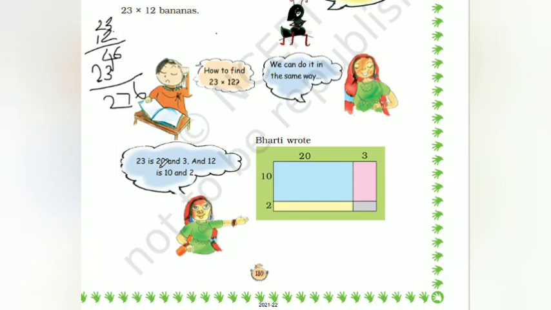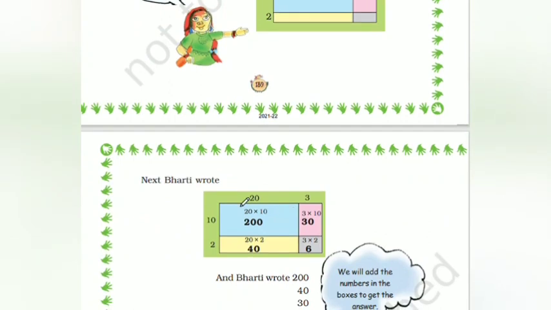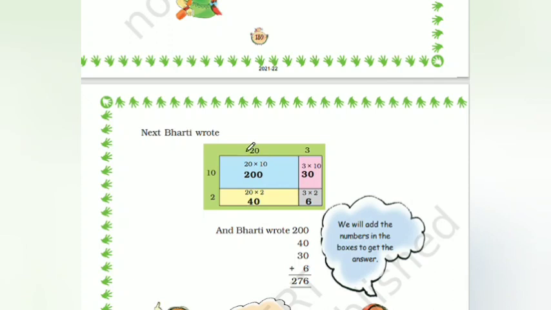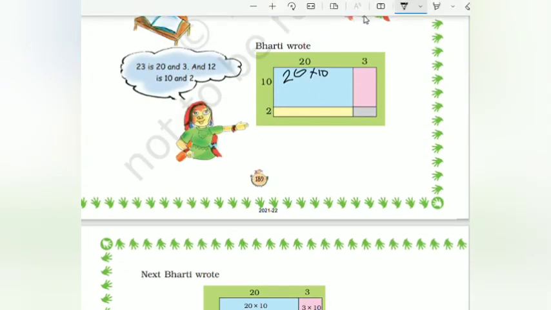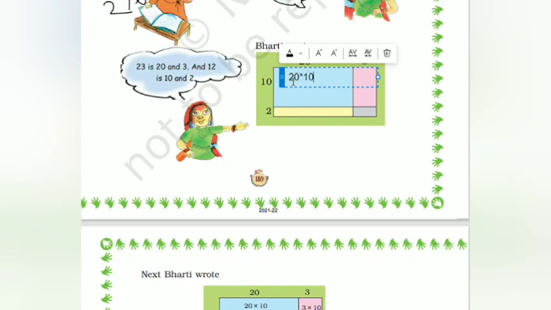23 can be written as 20 and 3. 12 can be written as 10 and 2. 23 means 20 and 3. 12 means 10 and 2. So what will we write here? 20 means 20 into 10. Then here 2, that is 20 into 2. How to multiply this? 20 multiplied by 10 is equal to 200.